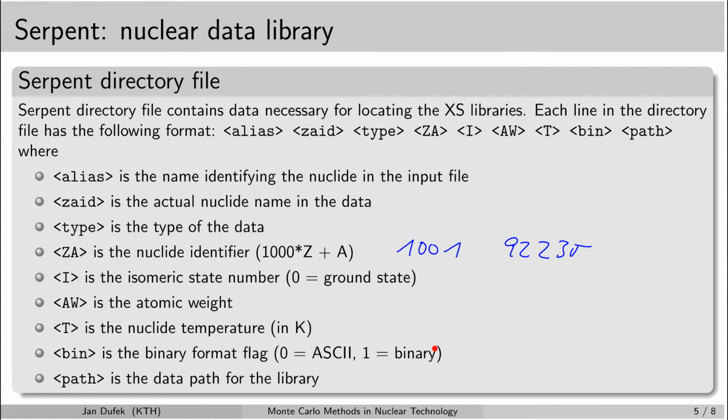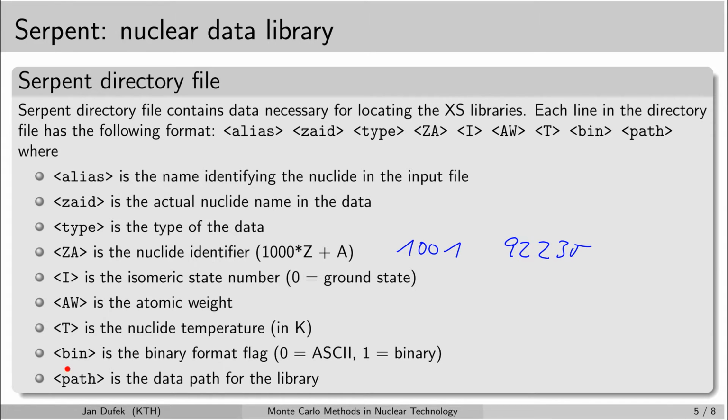So that is the disadvantage of the binary cross-sections. However, there is also an advantage of using the binary cross-sections, and that is the speed at which they can be processed. And the last parameter is the path at which the cross-section library is present in the file system.